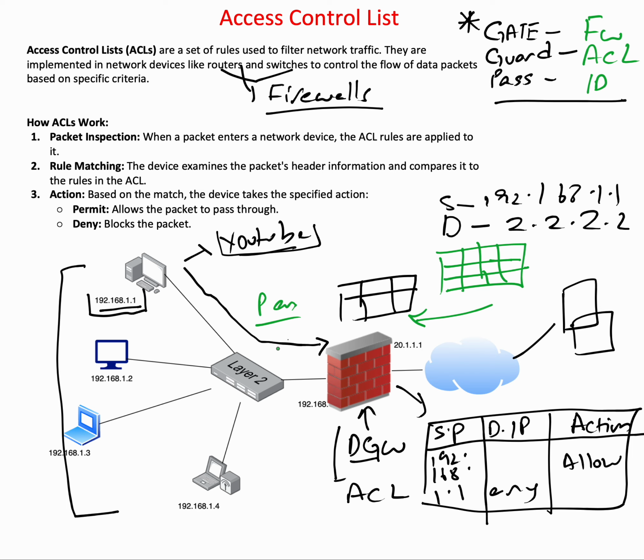Again, it depends on the ACL if it's unidirectional or bidirectional. But most firewalls these days will have bidirectional ACL, because it'll also mark a session. Once it goes, it'll map it with the session ID in the session table as well. And once the packet traverses back, it will match it with the session, and then let it pass. Simple.